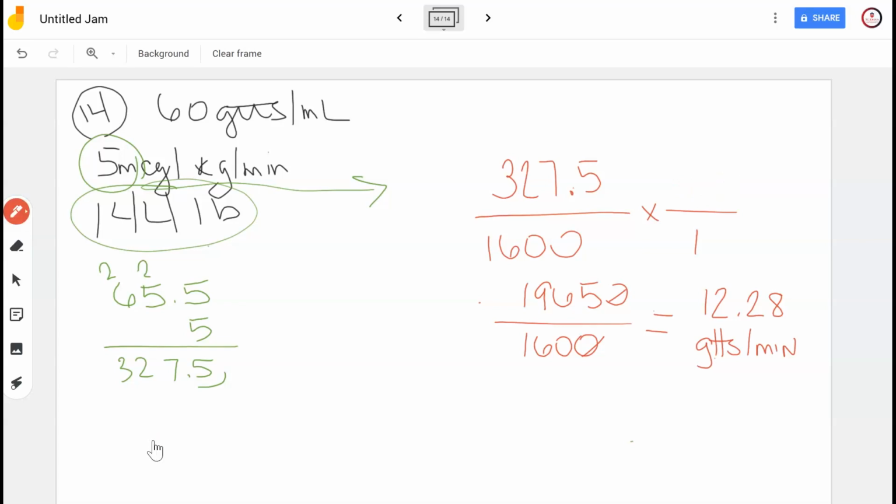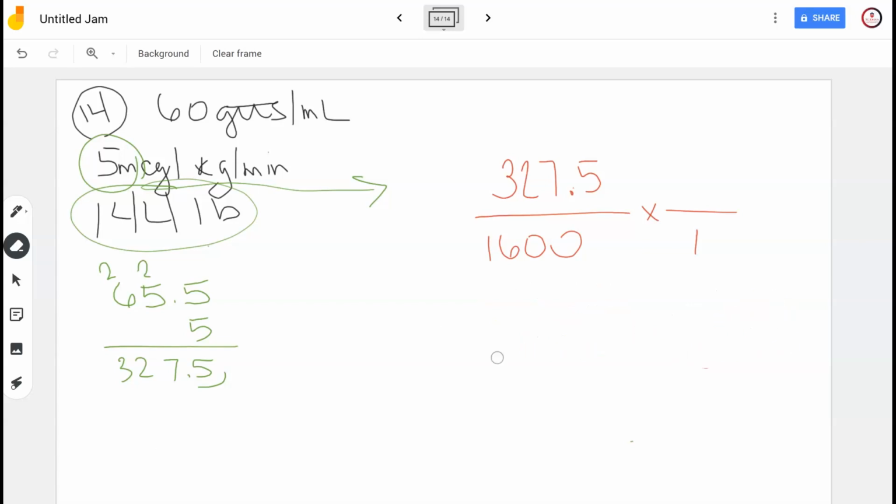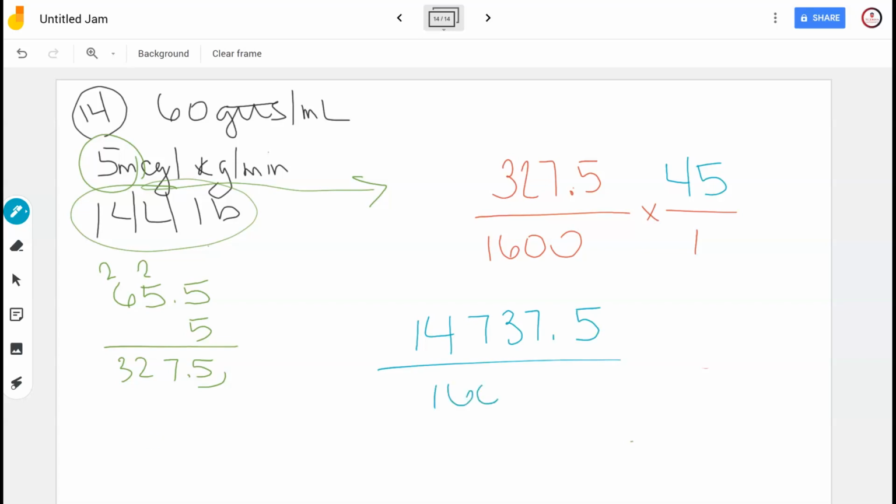So I was going to change that out here for 45. So if you do the math, it becomes 14737.5 divided by 1600. And all said and told, that becomes 9.2 drops a minute.